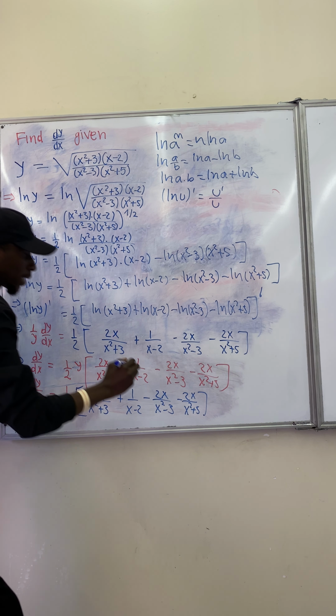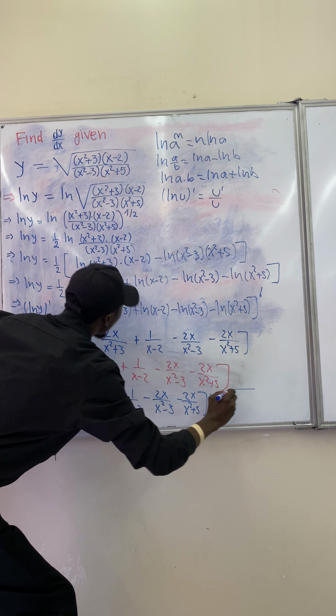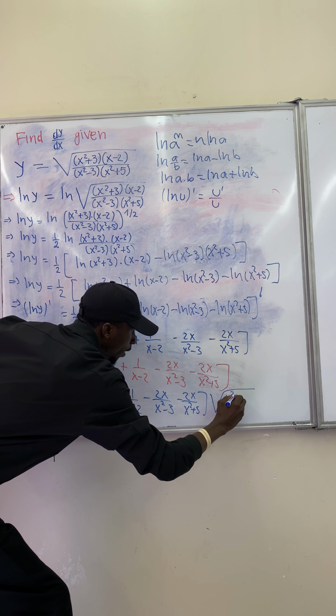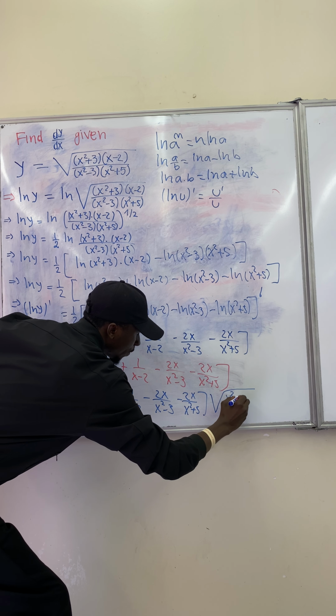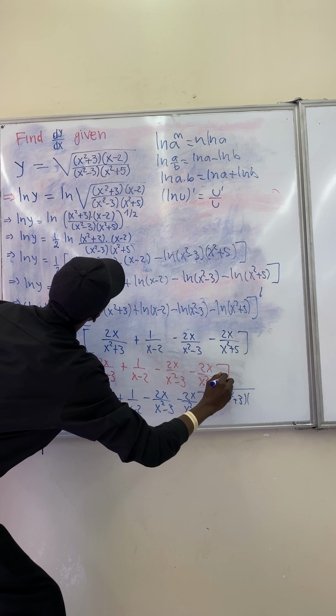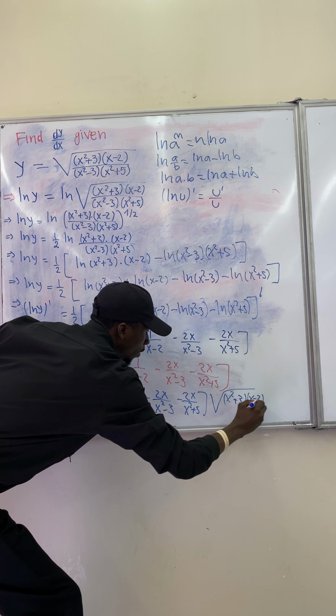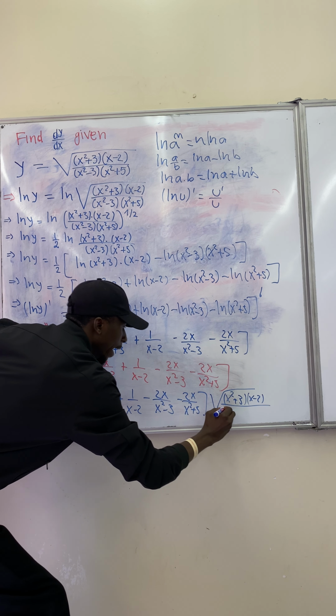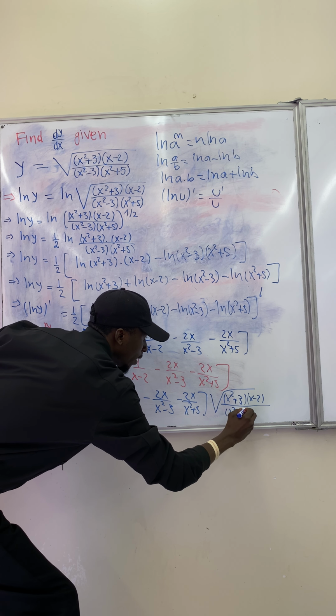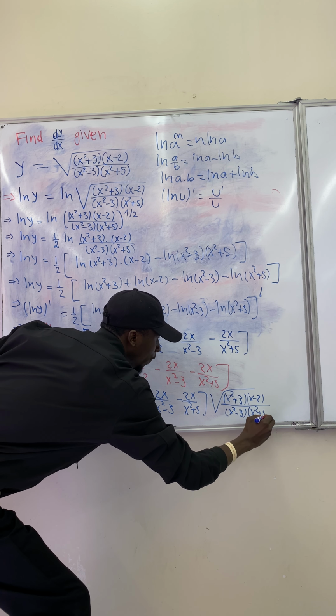What is y? We said it is the square root of x squared plus 3 times x minus 2 divided by x squared minus 3 times x squared plus 5.